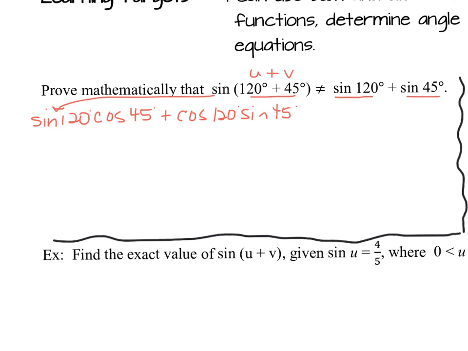From the unit circle, we have sine 120, which is square root 3 over 2, times cosine 45, which is square root 2 over 2. And then cosine 120, going back over there, is negative 1/2, and then sine 45, square root 2 over 2. Now remember, when we multiply fractions, we multiply straight across on top and bottom.